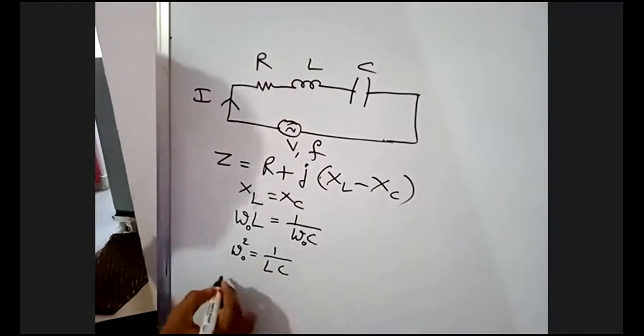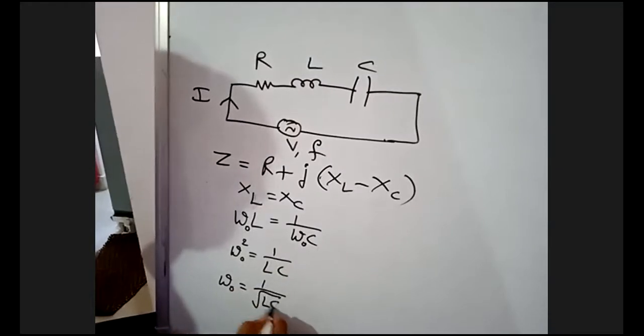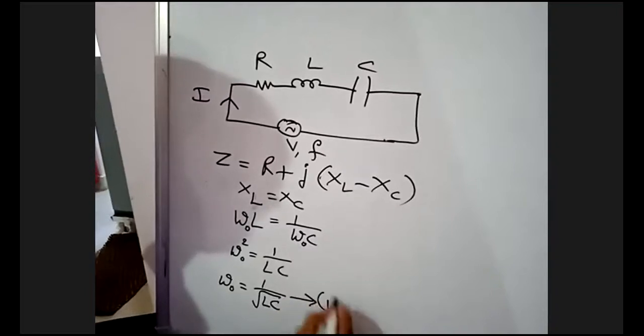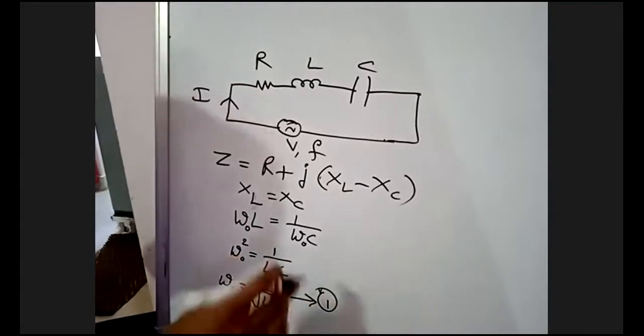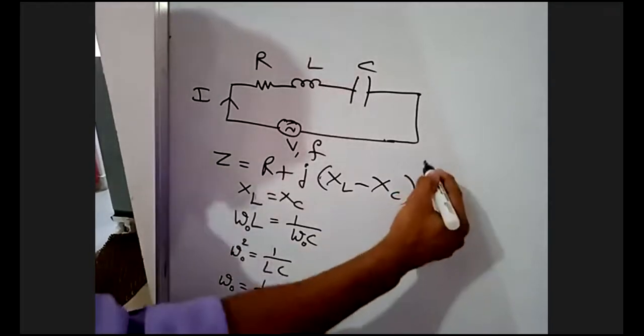Bring this omega square to the other side, and the square root, it will become 1 by root LC. This is equation 1. We have to remember this equation. Omega naught is equal to 1 by root LC.